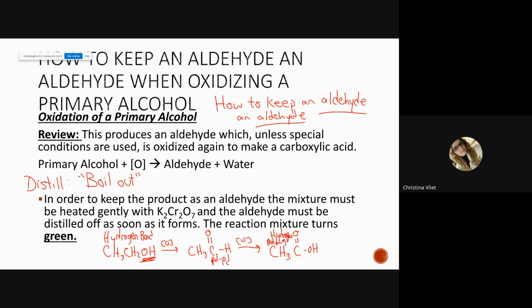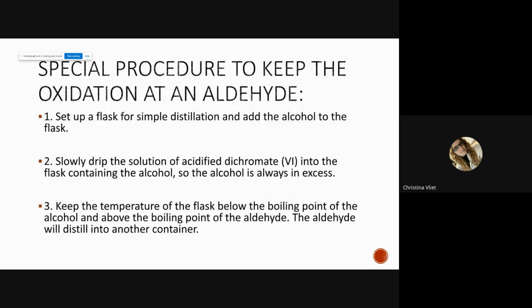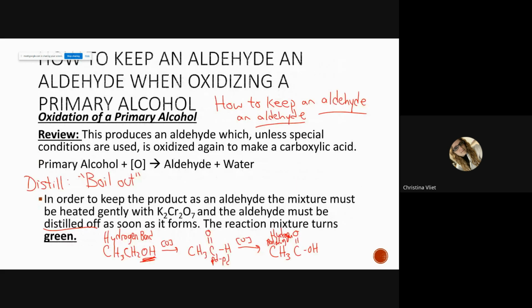And so that's what they're saying here. To keep the product as an aldehyde, you would boil it out by picking a temperature in between. So it has to be boiled out as soon as it forms. Well, how can you do that? You need a device to collect the gas out. I don't know if I have this set up here, but I did have one in another lesson.